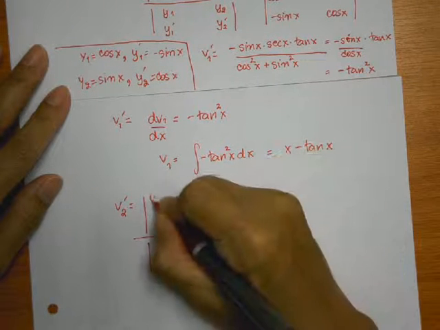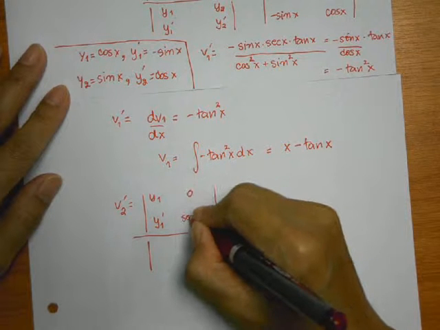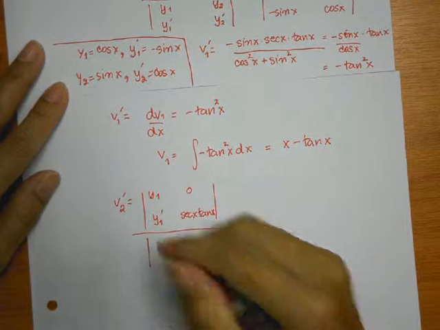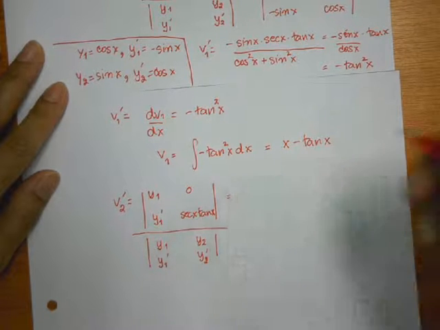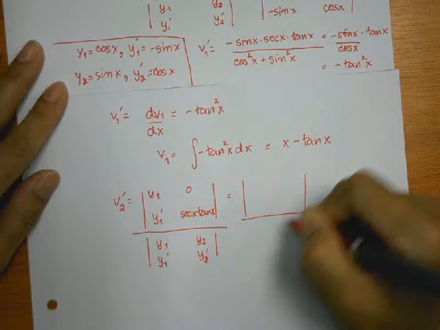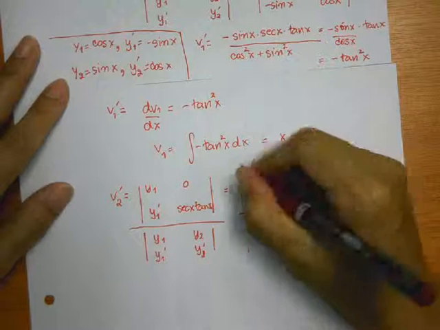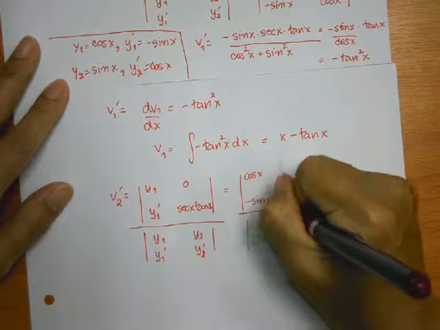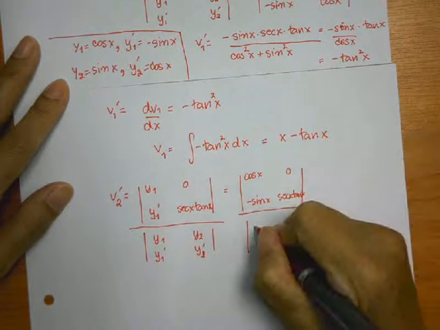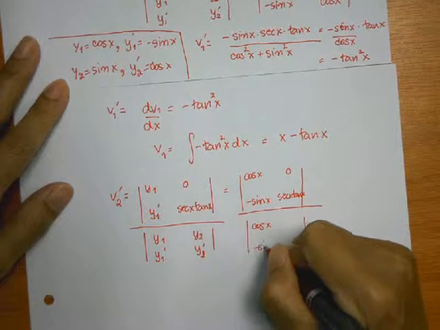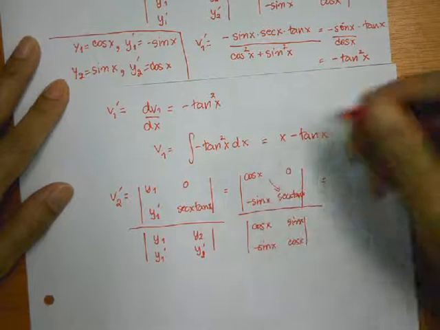So we got y1, the first derivative of y1, 0 sec x tan x, over y1, the first derivative of y1, y2, the first derivative of y2. y1 is cos x, minus sine x, 0, sec x tan x, over cos x, minus sine x, sine x, cos x, is equal to tan x.